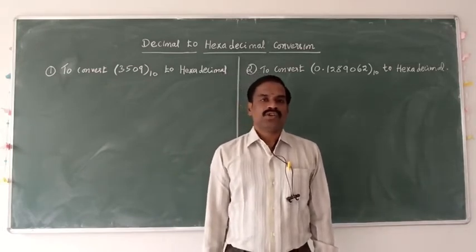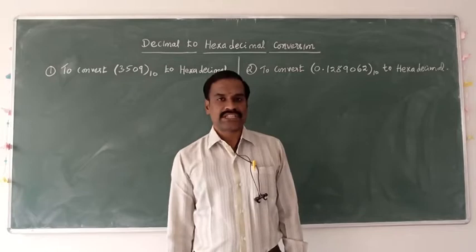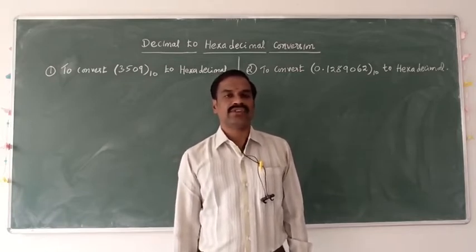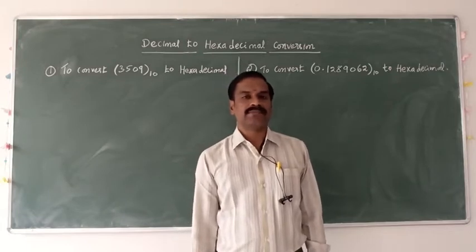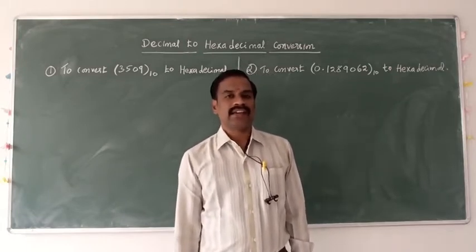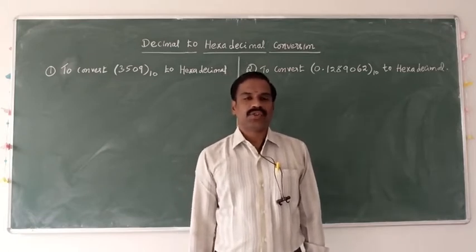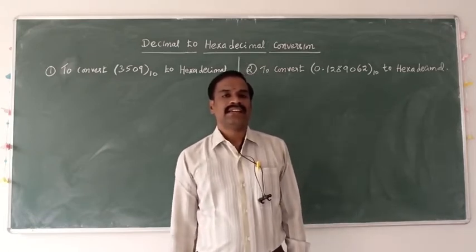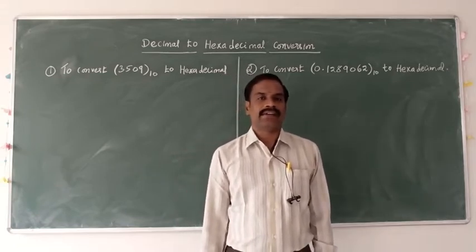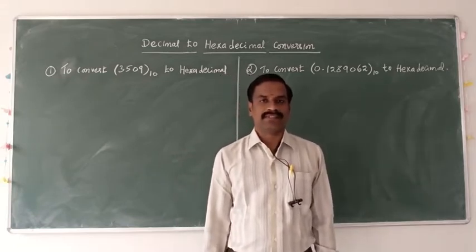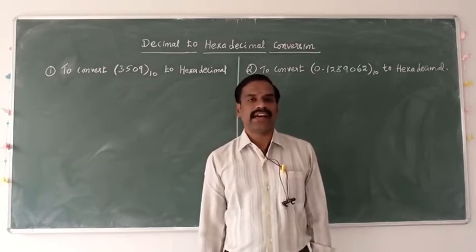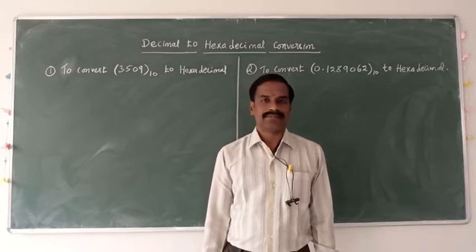Hexadecimal has a total of 16 symbols, 0 to 9 and A to F. In decimal, 10 corresponds to hexadecimal A, 11 is B, 12 is C, 13 is D, 14 is E and 15 is F. So, in total, 16 symbols: 0 to 9 and A to F.